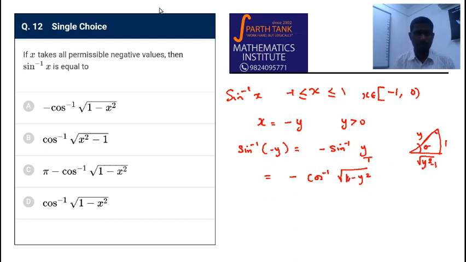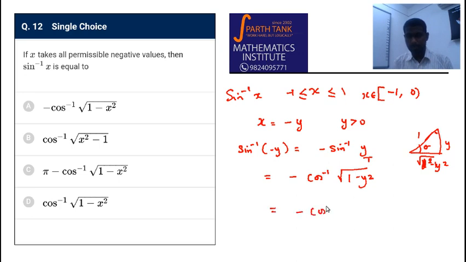I stand corrected here, the mistake is here. So this is y and this is 1. So this is 1 minus y squared. Therefore, cos inverse of square root of 1 minus y squared.